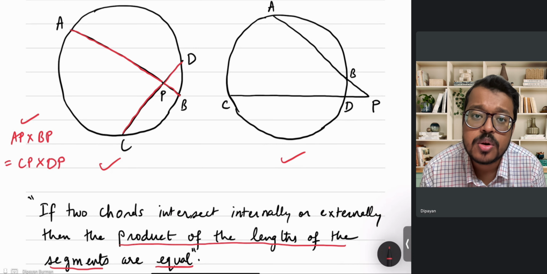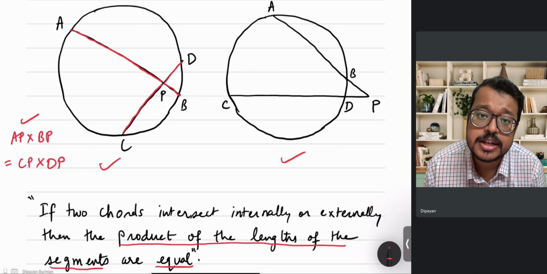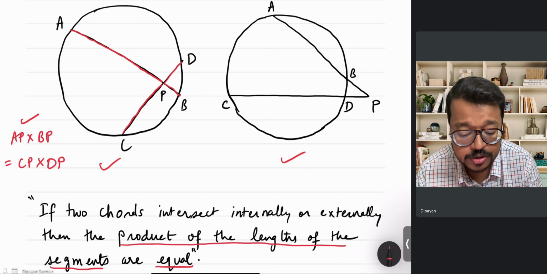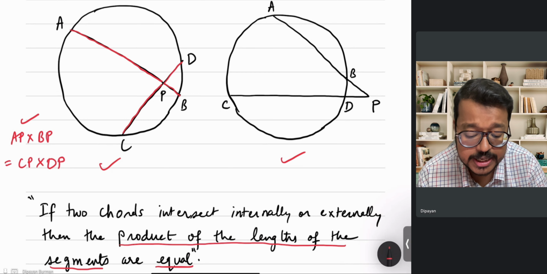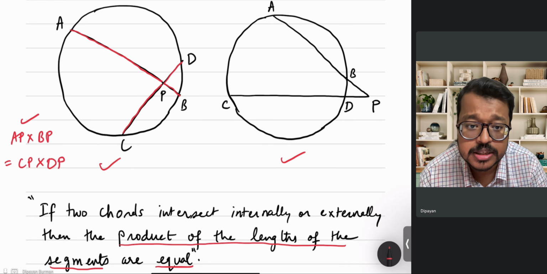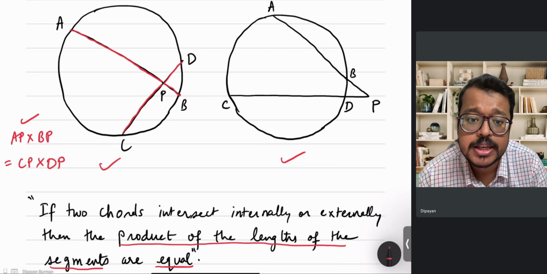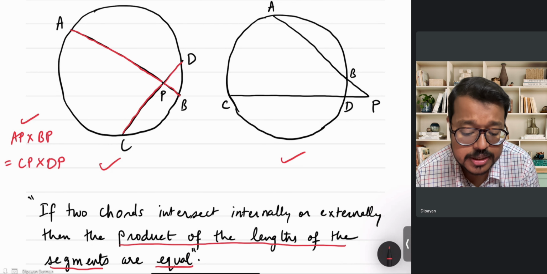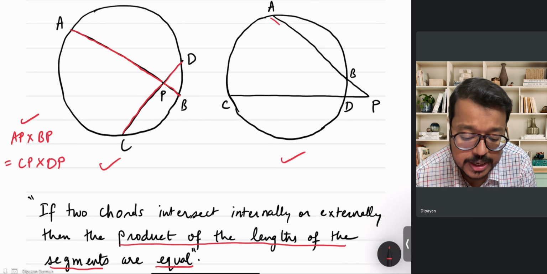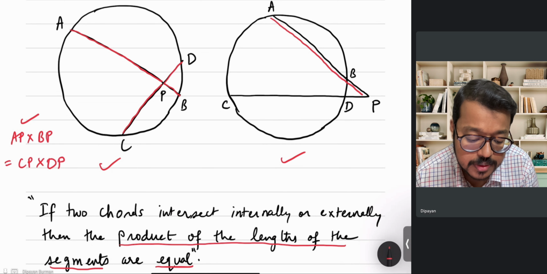But if I look at the chords intersecting externally, it's still the same result. In the second figure, chords are intersecting externally. Again, I have two chords AB and CD. If I look at the first chord AB, the segments will be the length AP and the length BP.